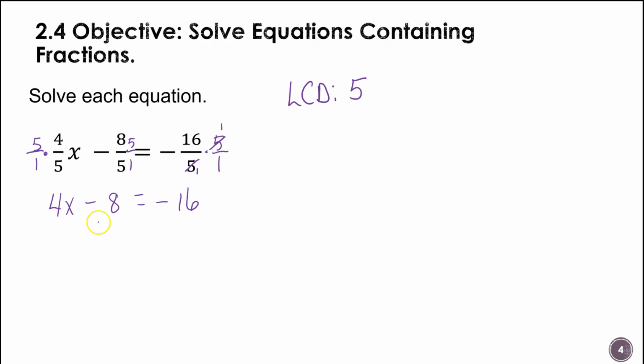So to solve for the x, then I'm going to add 8 on both sides, divide by 4, and my solution to this equation is -2. Now you can actually go back and check this, but in this kind of equation you might want to use your calculator for that because you know you're working with these fractions.